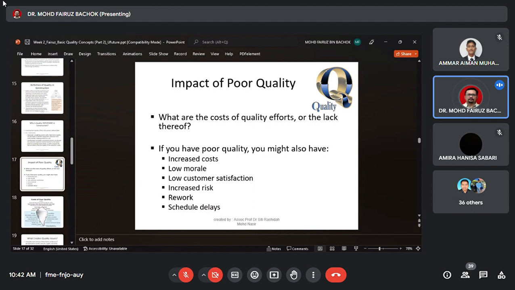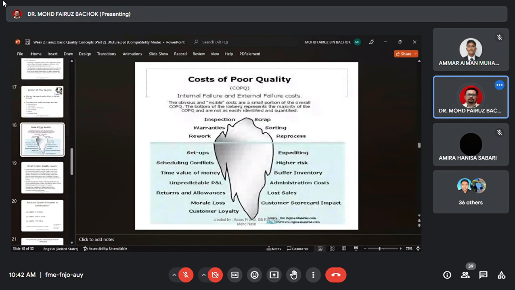That's why you need to avoid poor quality construction. This is the cost you have to pay if you produce poor quality.